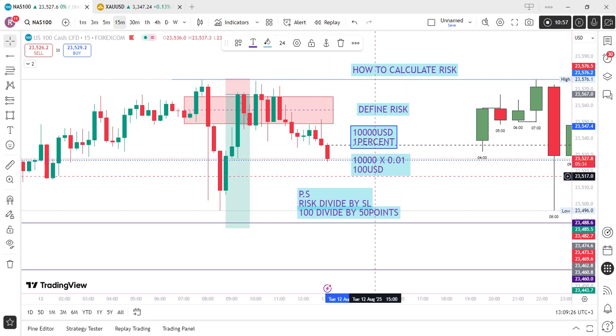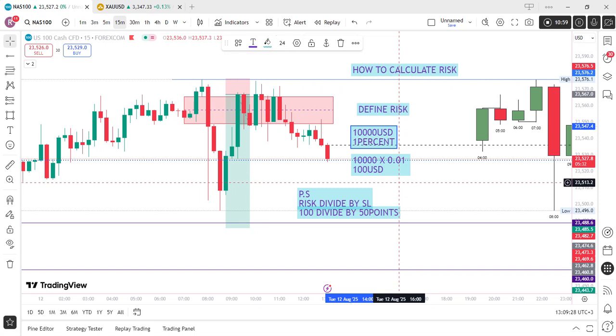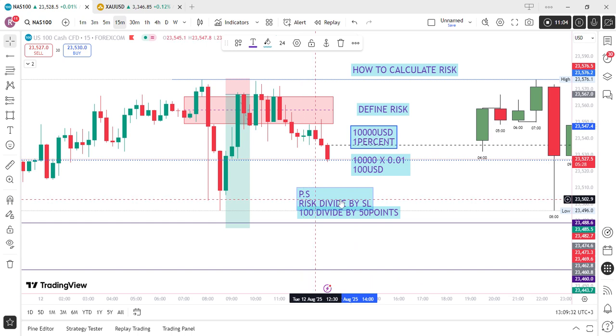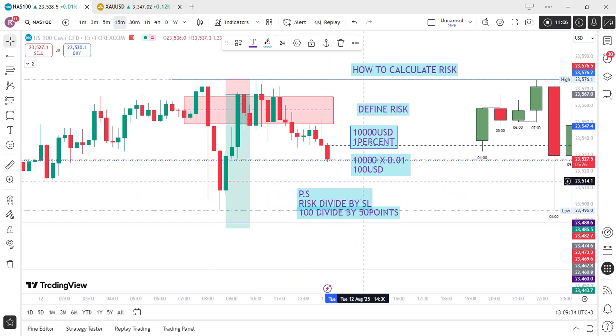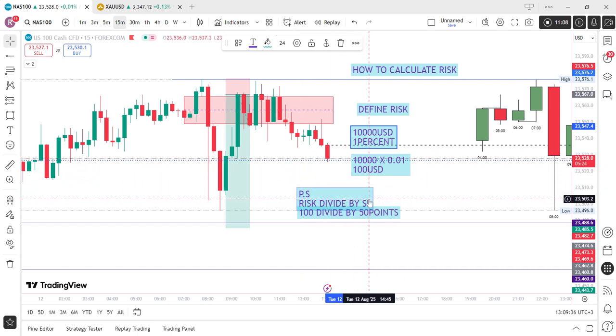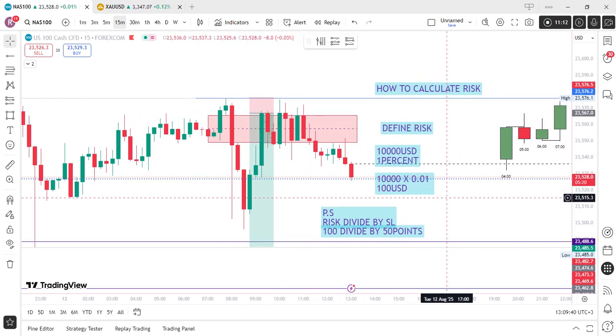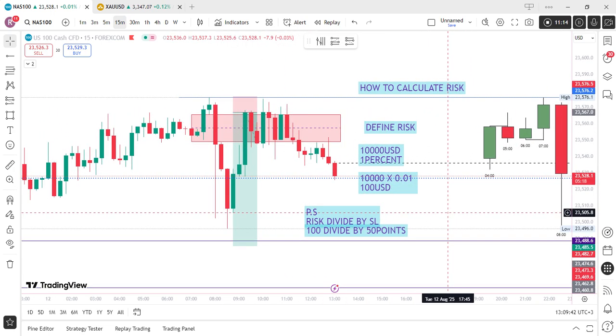Now, $100 is 1% of a 10,000 USD account. So for position size, we take the risk, which is the $100, then divide by the stop loss in terms of points, because Nasdaq is more about points. When you go to Forex and so on, that's going to be pips.